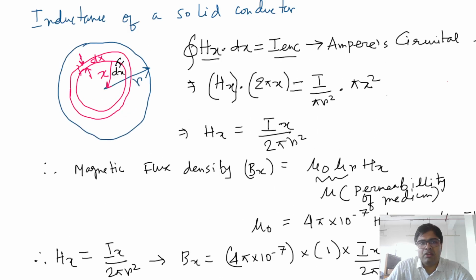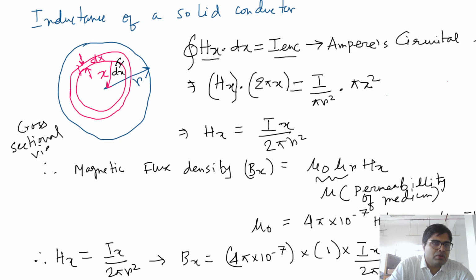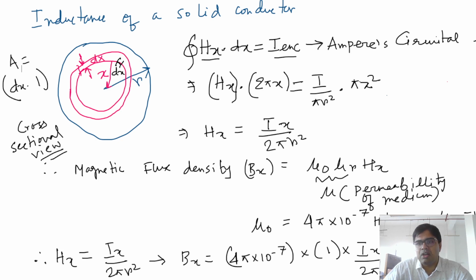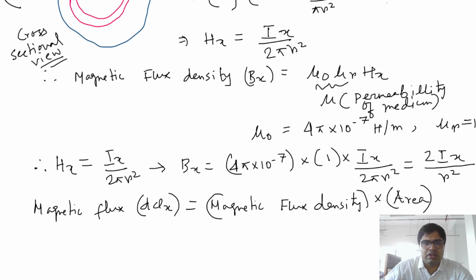In this diagram we are only considering the cross sectional view. So due to that fact, the length of this conductor is always considered to be unity. So this shell having a cross sectional area is dx into 1. So that is what we are using over that expression.